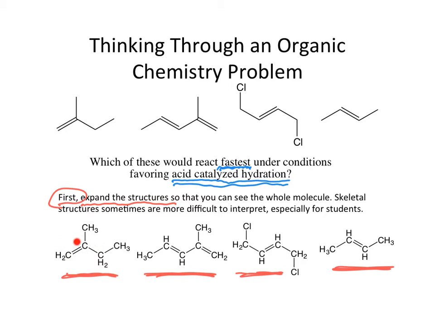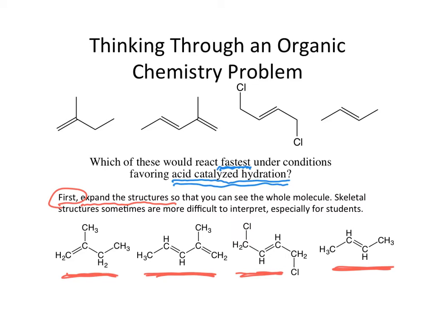We forget that there's not a hydrogen on that carbon, right? And so expanding the structures gives us a clearer view of what we're looking at in each case. So if you're confused with your skeletal diagrams, don't be afraid to expand the structures.